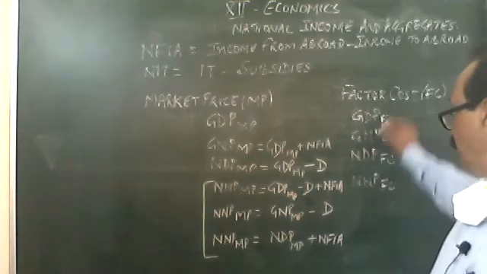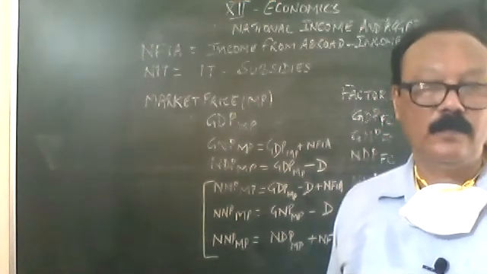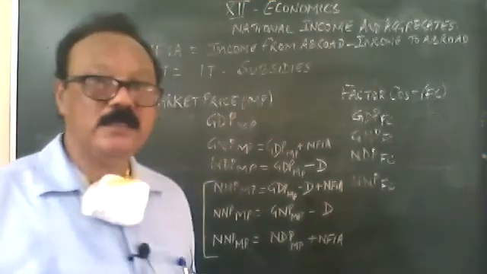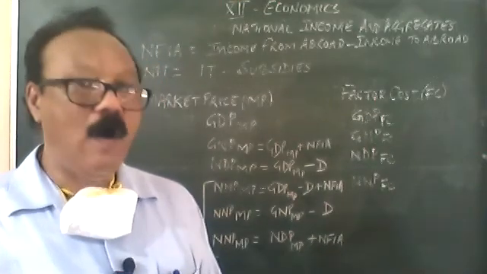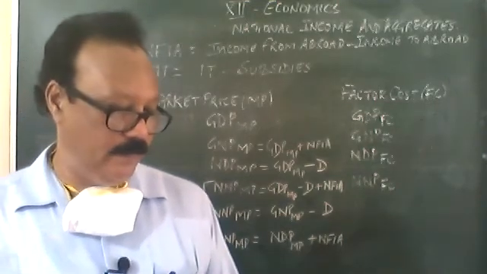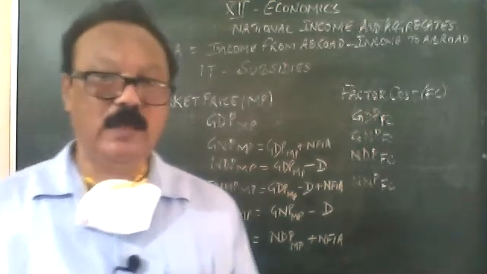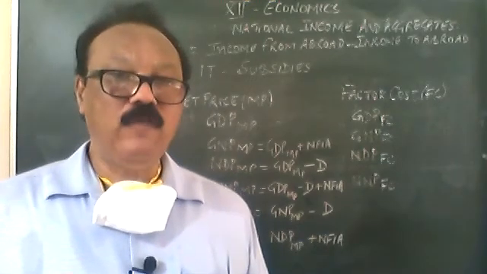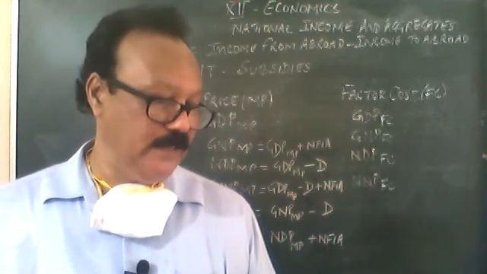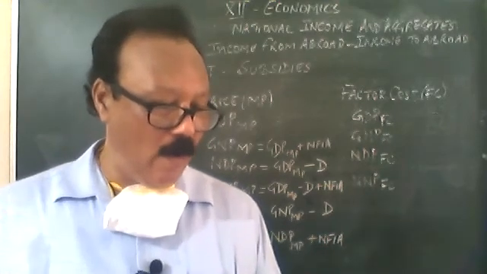The next is GDP at factor cost, the definition. It is the sum total of factor income generated within the domestic territory of a country, inclusive of depreciation during a period of 1 year.